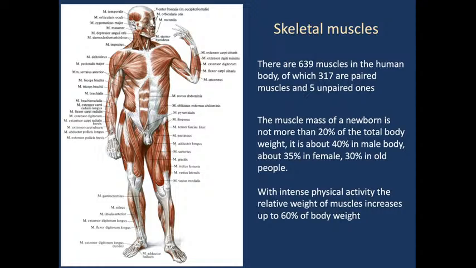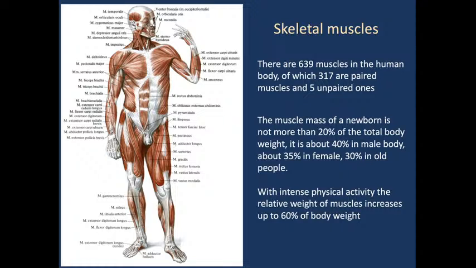What can we say about all skeletal muscles in our body? I would say there are a lot of muscles in our body, about 640, sometimes 645, sometimes about 630, I don't know.